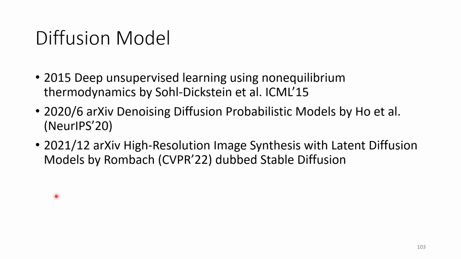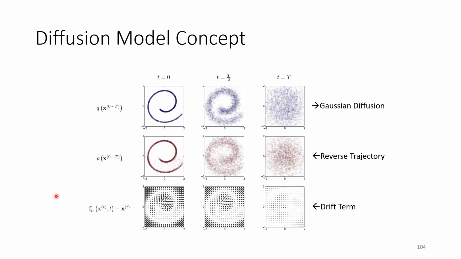for the diffusion model, there are three important papers. The first one was published in 2015. It introduced the concept of diffusion model. What is a diffusion model? If there is an original image, with many steps of adding Gaussian noise, it will finally become a noisy image.